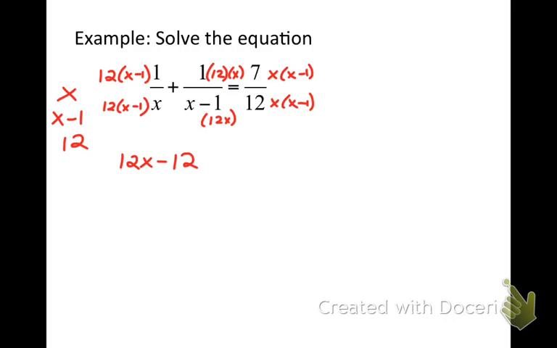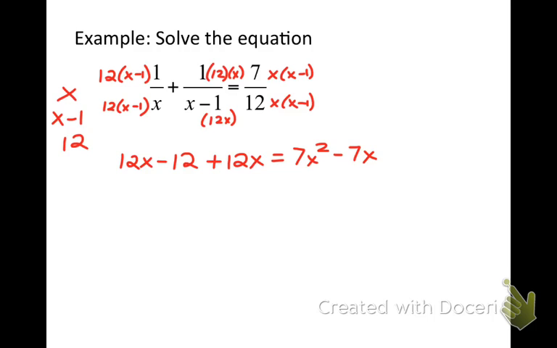Here we would get 12x, so plus the 12x, equals, all right, so now let's be careful here, 7x squared, good, so 7x squared, 7x times a negative 1 would be minus 7x.